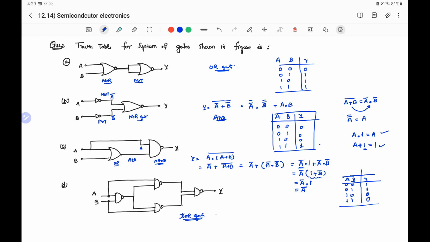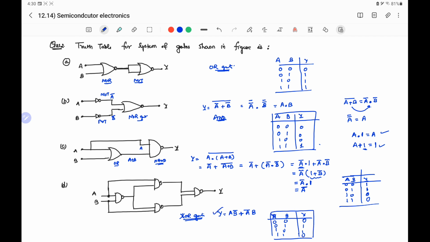In the exclusive OR gate, the Boolean expression is Y equal to A B bar plus, that means OR, A bar B, and its truth table will be A B Y. The four combinations are 0 0, 0 1, 1 0, 1 1, and in exclusive OR, the output will be high when only one of the inputs is high. So Y will be 0 1 1 0. This is the truth table for part D.